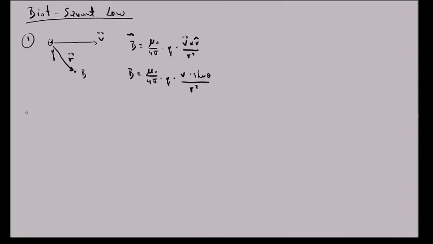Second, you can take this expression and turn it into an infinitesimal expression, and this is usually how the law is stated. So this is mu naught over 4 pi times dq, times v cross r hat over r squared.